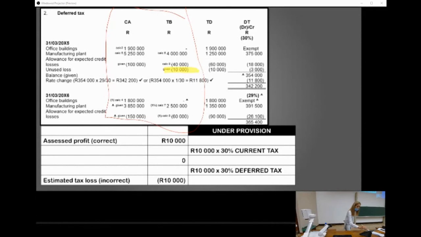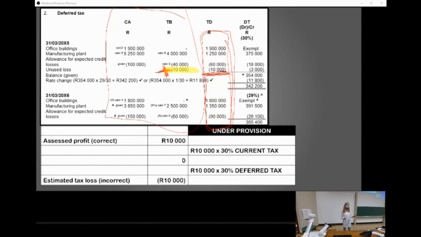We are only worried about the signs in this column. So here we want the correct sign to show that it's a deductible temporary difference. But I agree with you that, to make it technically more correct, this tax base should have been a positive amount because it's a future deduction.